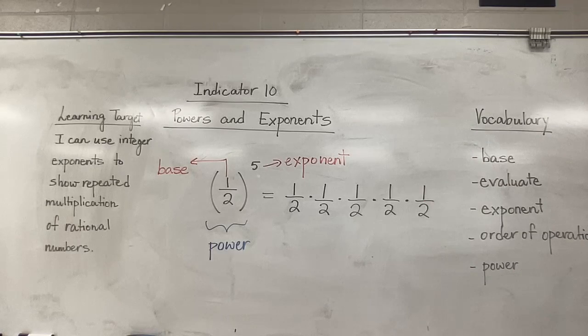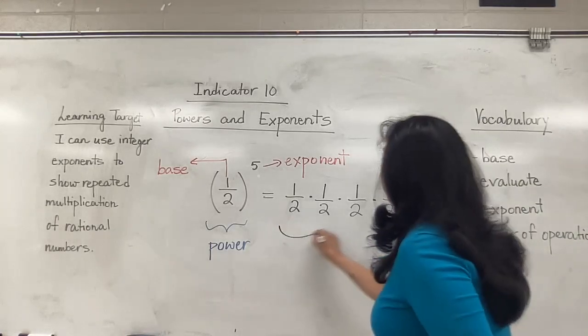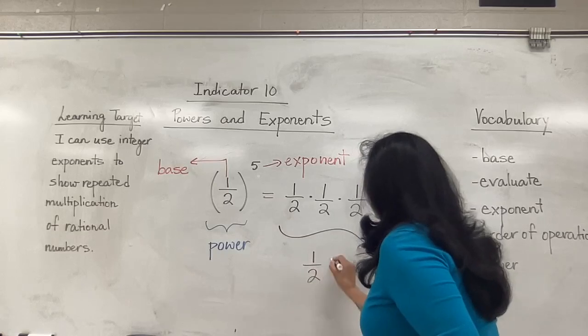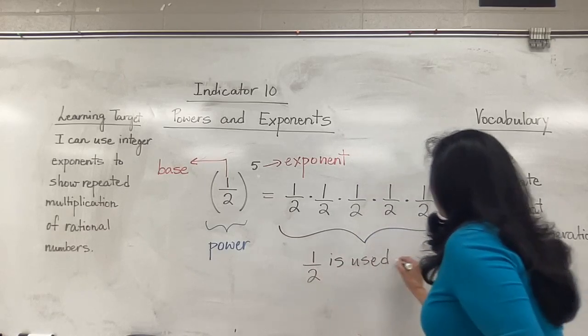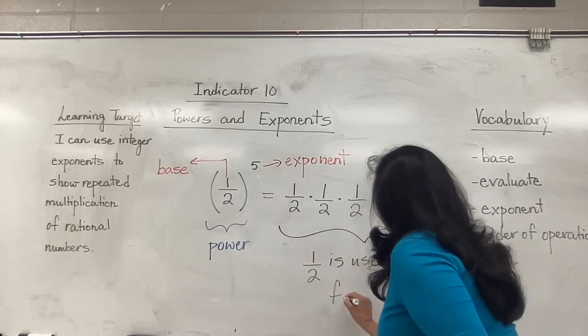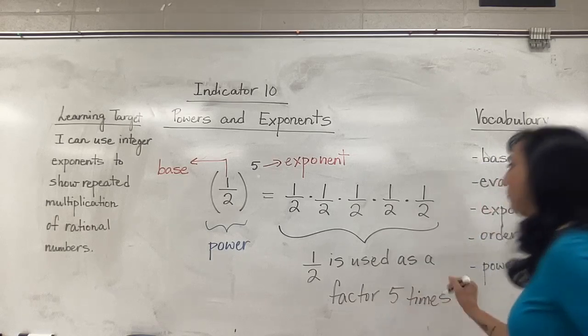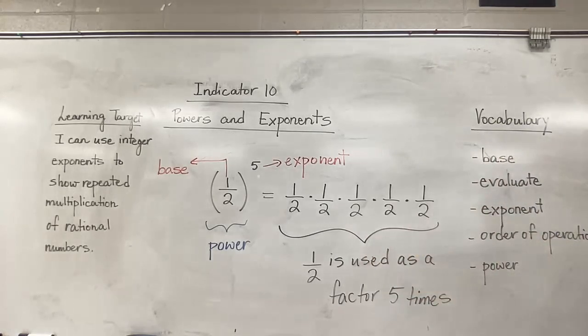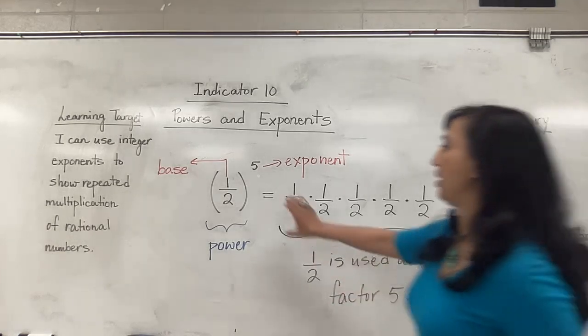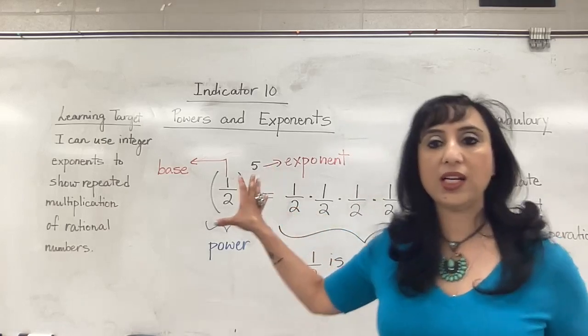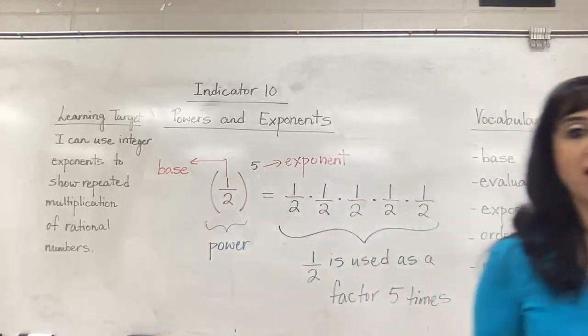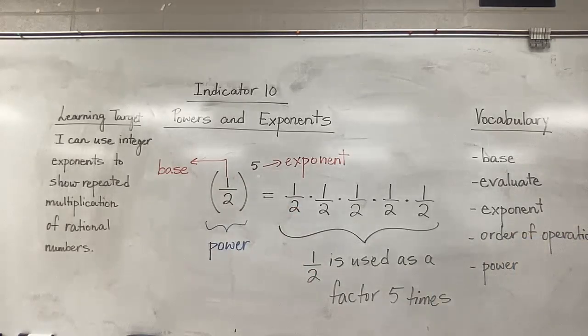As you can see, 1/2 is used as a factor 5 times: 1, 2, 3, 4, 5. So this is basically an introduction of what the base is and what the power is. And when a number is written with a power like this, it is called exponential notation.